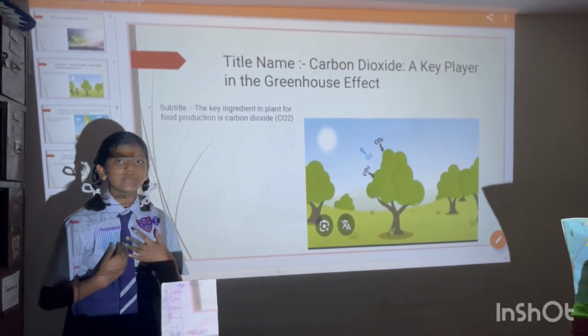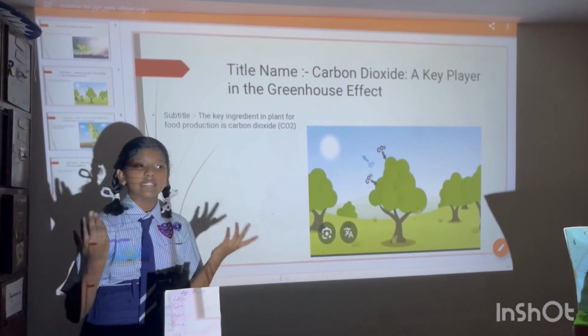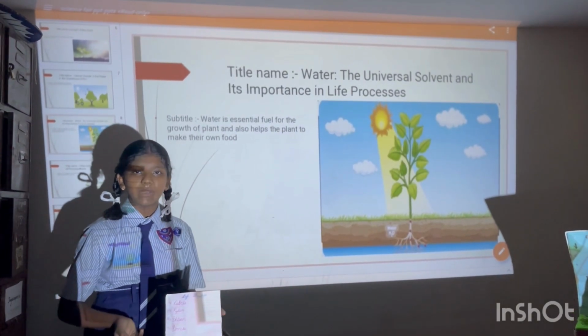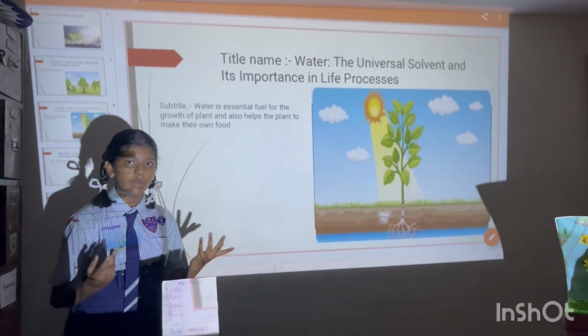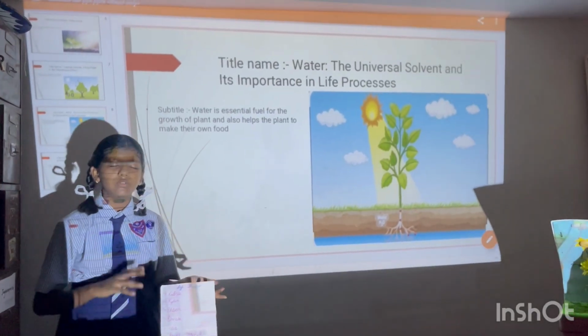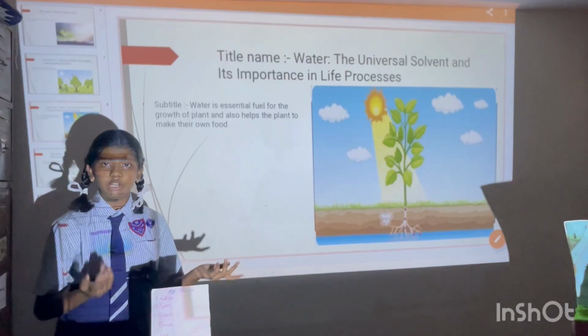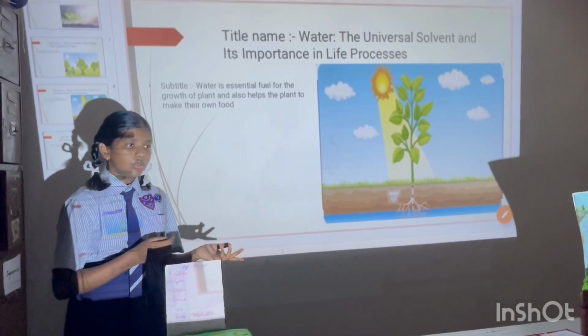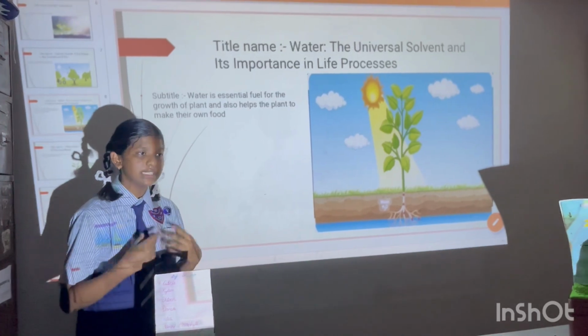Now, I would like to explain the third one, water. Water is another main ingredient for plants. Plants absorb water from the soil through their roots. It travels up the stem to the leaves.